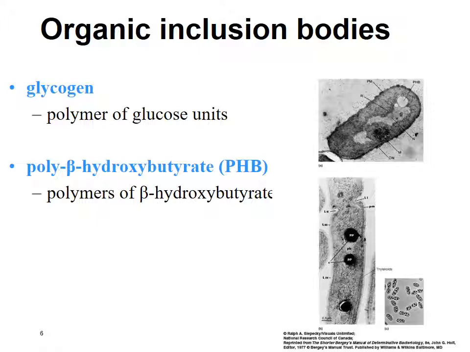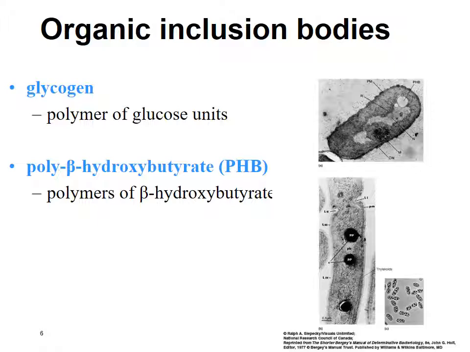Let's now look at some examples of inclusion bodies, starting with organic inclusion bodies. The major type of organic inclusion body is the glycogen body. Glycogen, of course, is a polymer of glucose units composed of long chains, and it's also found as a storage form of glucose in animals, where it's stored mostly in the liver and muscle cells.